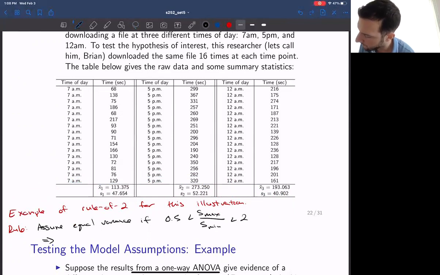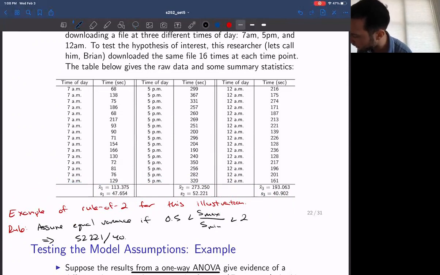Okay, so here we would have 52.221 divided by 40.902 is equal to 1.277. It's pretty clear that it's within a factor of 2, because it would have to be over 80 to be outside of it.